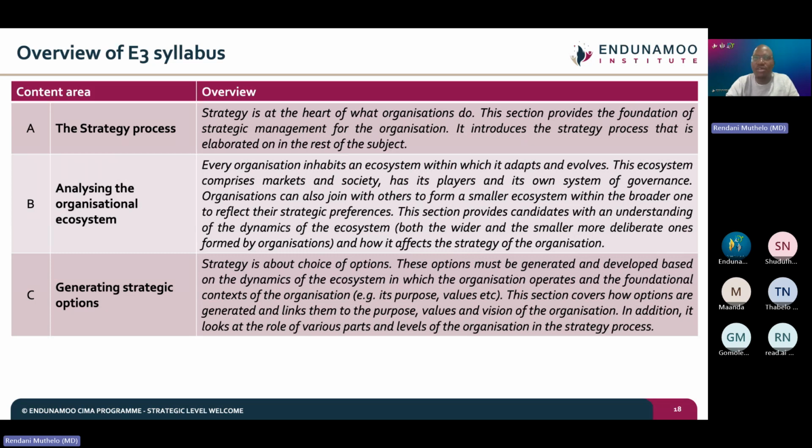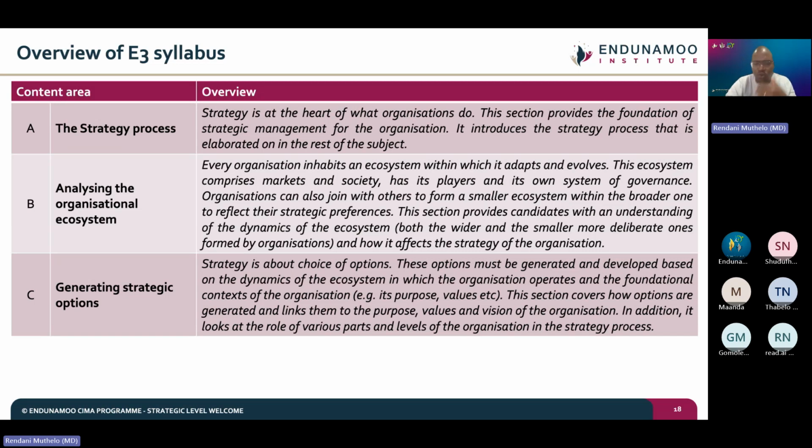Then we talk about organizational ecosystem. And this is where we're going to tell you about the mentality of having an ecosystem and how to think about it from just your traditional system where everyone is an adversary, but to think about it as everyone is a market participant and you are trying to work together and make sure you adapt as well as evolve in order to survive and thrive.